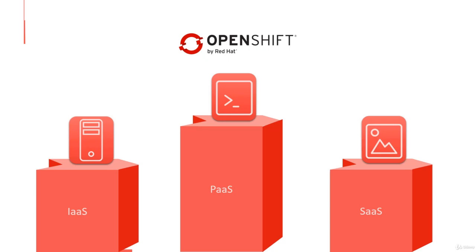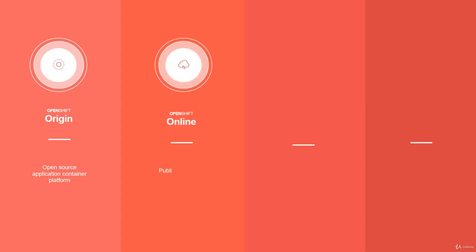OpenShift has 4 different flavors, namely OpenShift Origin, which is the original upstream open-source project from which all other models are derived. OpenShift Online is Red Hat's publicly hosted version of OpenShift Origin, available for application development and hosting purposes.